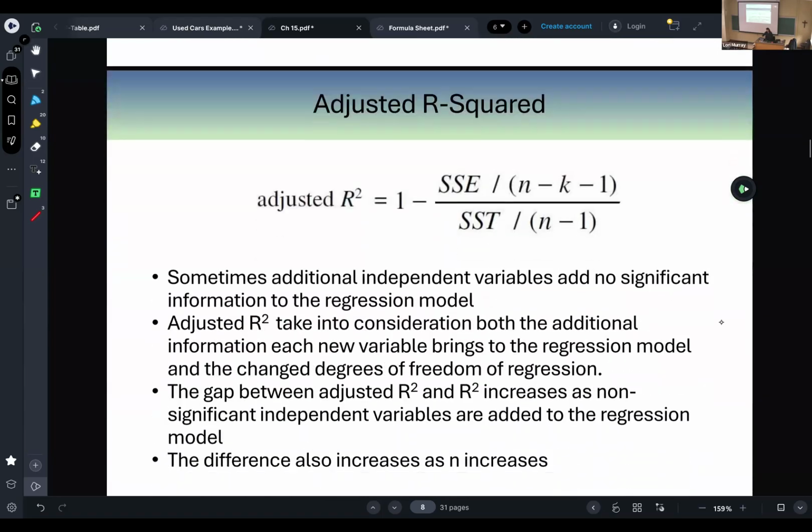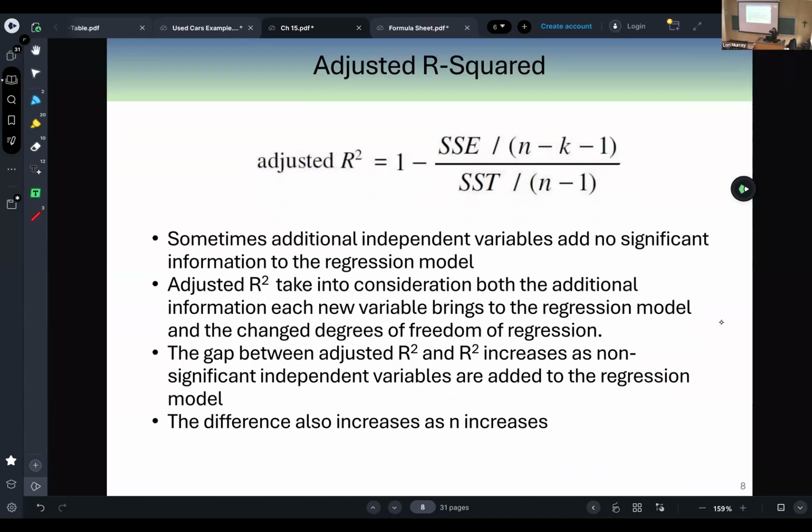So we use adjusted R squared instead. This will penalize or take into consideration the number of predictors. So you can see it's 1 minus the sum of the squares of the error divided by the degrees of freedom, n minus k minus 1, and then divided by the sum of the squares of the total divided by n minus 1.